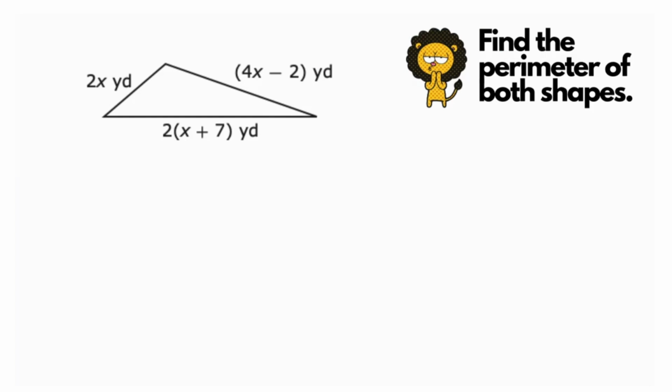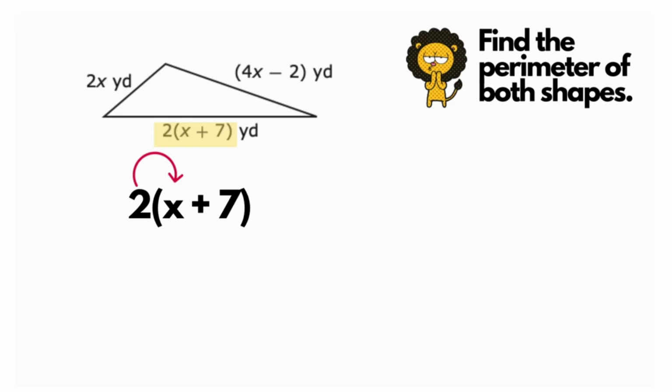So there's a lot going on in this problem, but let's start with this triangle first. The first thing we've got to do is use the distributive property and get this into a different form so that we can combine all of our like terms. What this says is 2 times the value of x plus 7. To get it out of the parentheses, we have to multiply 2 by all the values inside the parentheses.